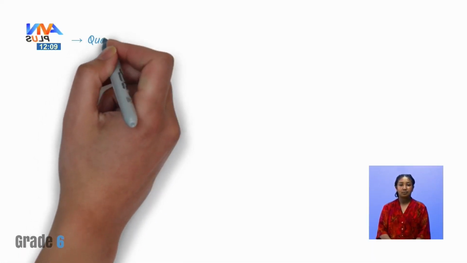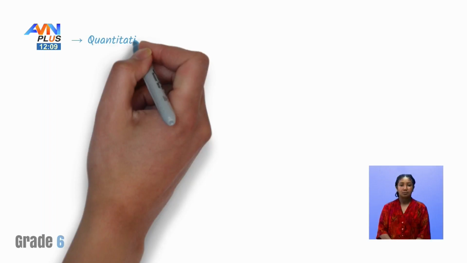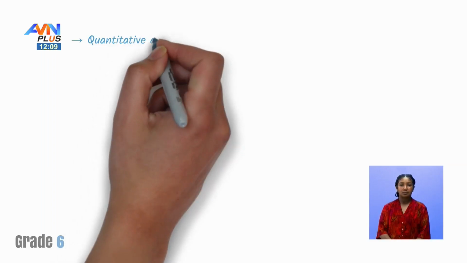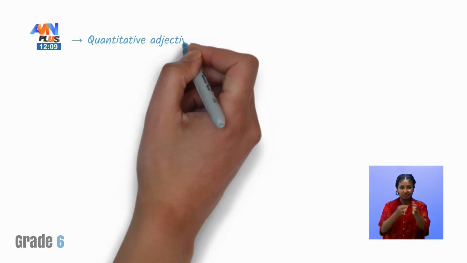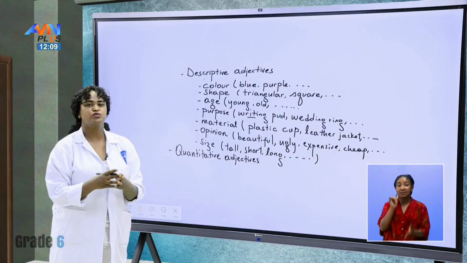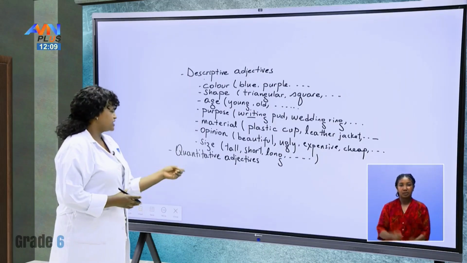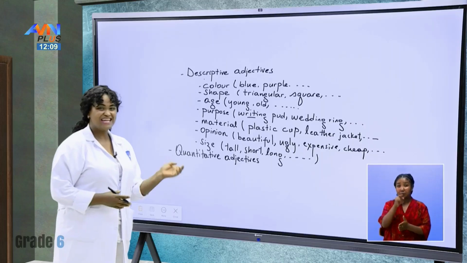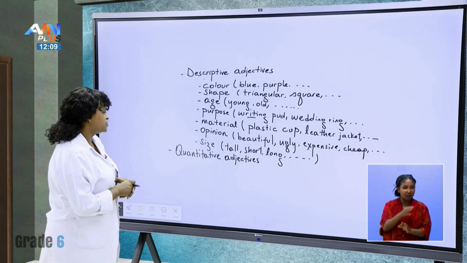The second type of adjectives are, yes, quantitative adjectives. Adjectives that can help you tell the quantity. Yes? Here under quantitative adjectives, you might find the indefinite adjectives, which say what?